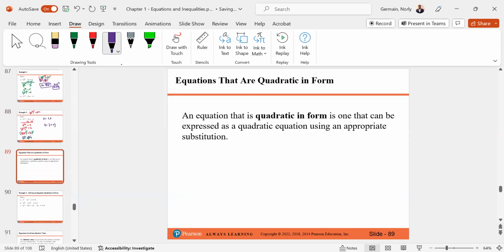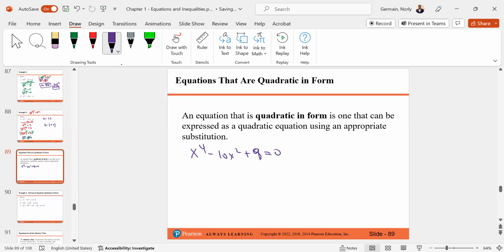You see the examples of quadratic equations and equations that are quadratic in form. It's very important to see this one also, because some equations that are not quadratic can be written as quadratic equations using appropriate substitutions. Especially if you have x power 4 minus 10x squared plus 9 equals 0.